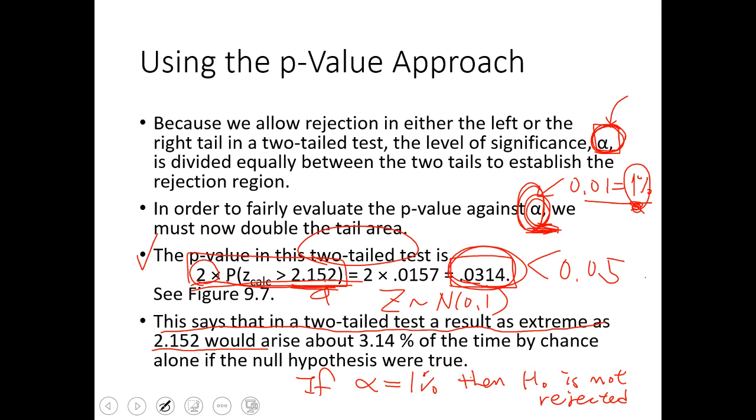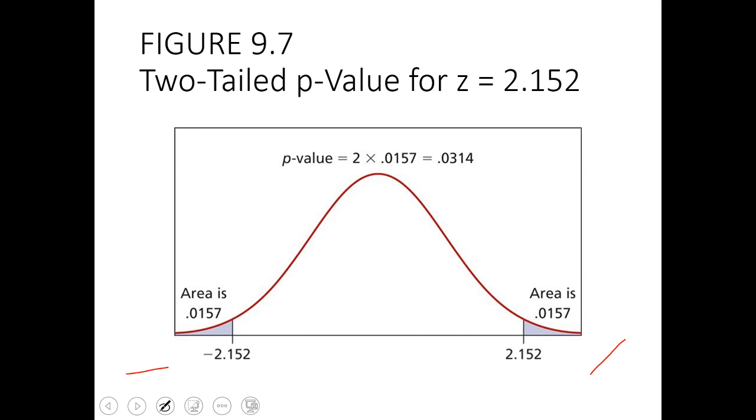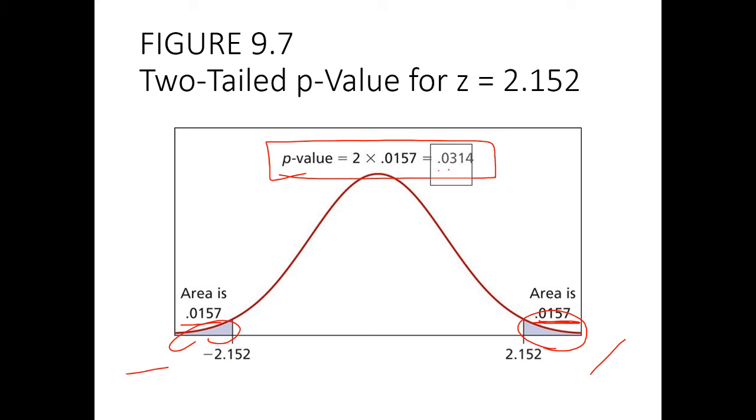Okay. So this area is 0.0157 and this area is 0.0157. So the p-value is again 0.0314.